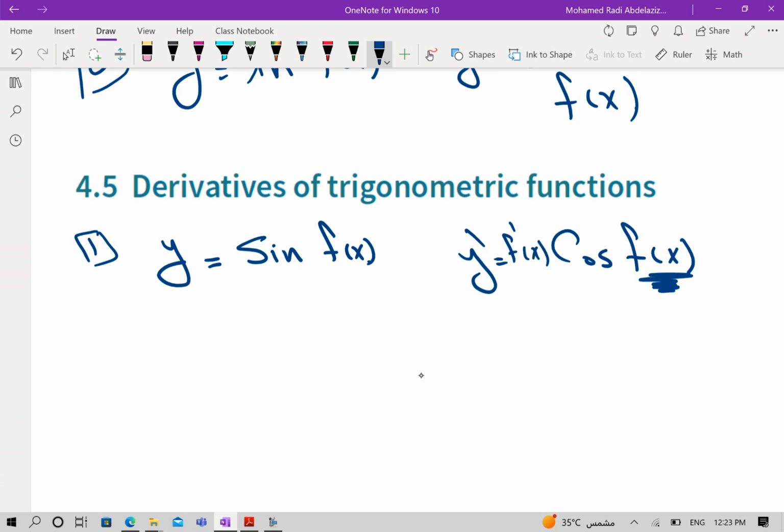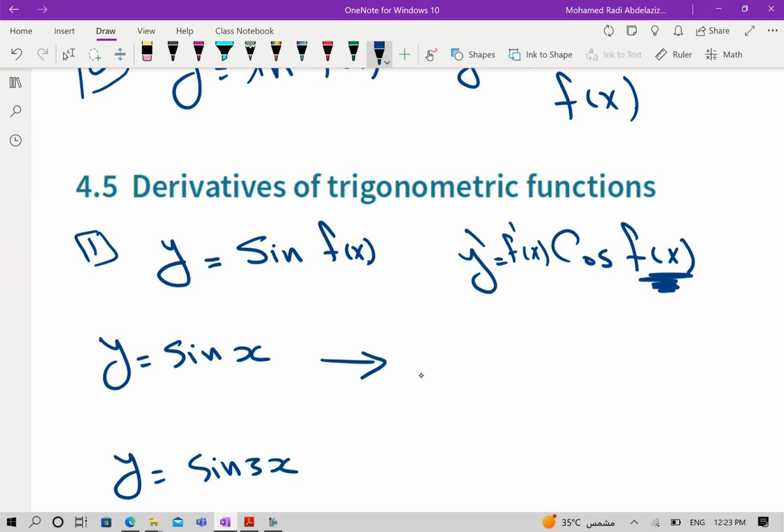For example, let's say y equals sine 3x, how to differentiate? Y dash is differentiation of sine is cosine. Then find the derivative of the function of x, which is what? 1.